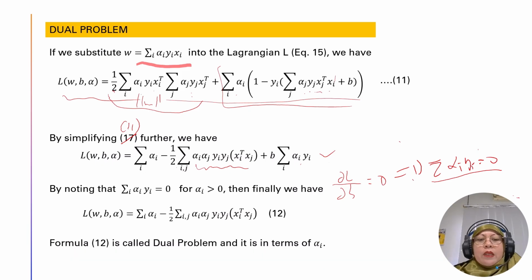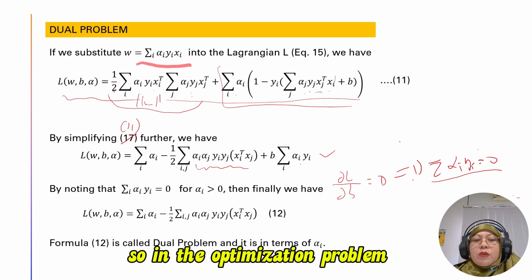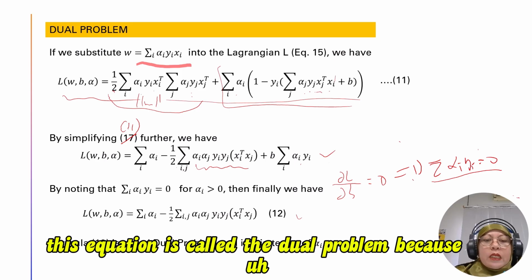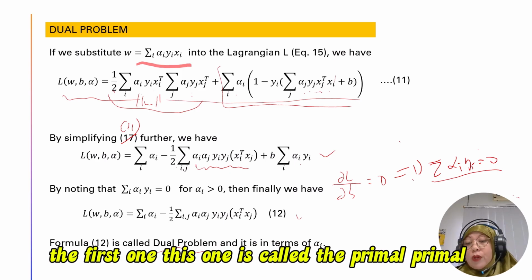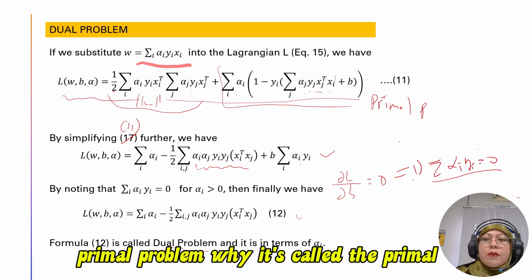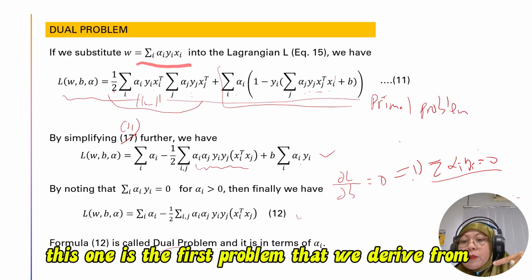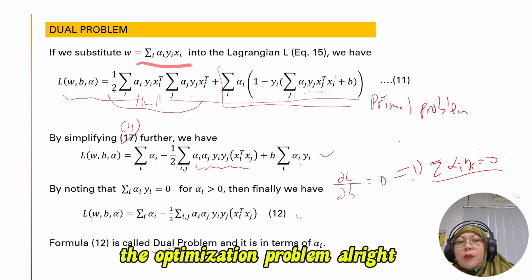So in the optimization problem, this equation is called the dual problem, because the first one, this one, is called the primal problem. Why is it called primal? Because this one is the first problem that we derive from the optimization problem.